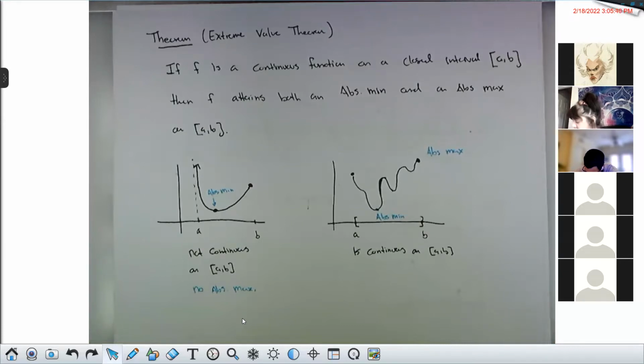The main goal of section 4.1 is to identify the absolute max for a continuous function given a closed bounded interval. And those can occur one of two ways, right? The absolute max can occur as an endpoint, as it did here.